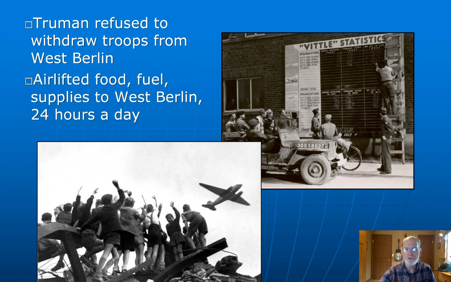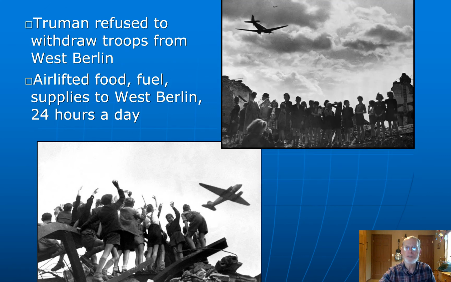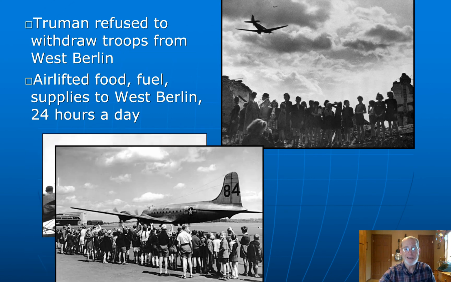Of course, the people that lived in West Berlin were ecstatic, watching these planes fly in and out continuously. It was their lifeline. The other option was to leave them and surrender that territory to the Soviets, which most Americans and the Germans didn't really like the idea of.